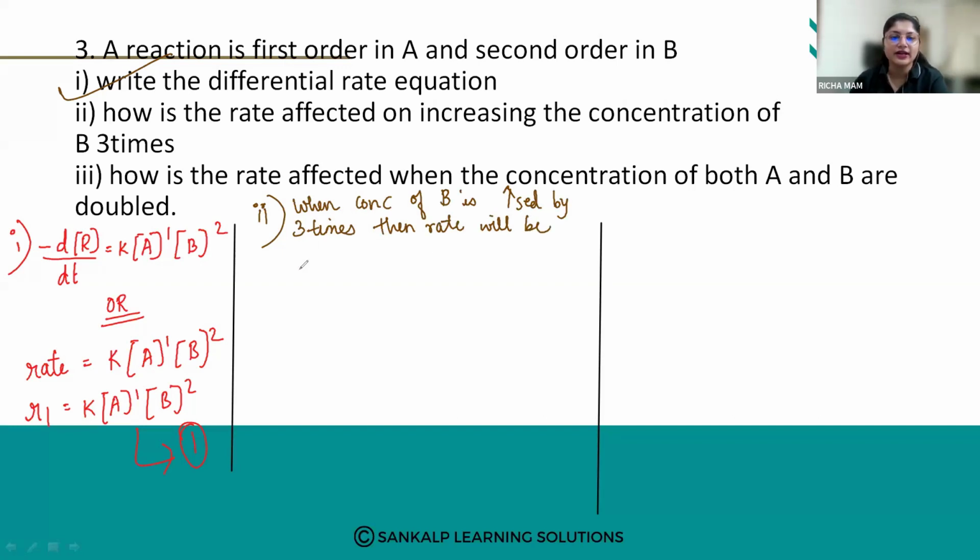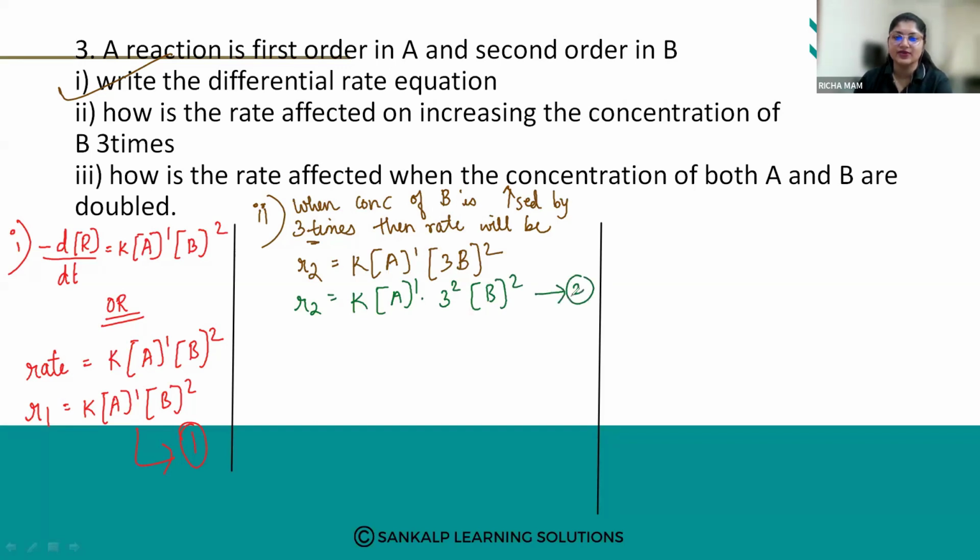Let us write R2 is equal to K into A raised to 1 into 3B whole square. So this is the concentration of B. Now let us multiply this: K into A raised to 1, 3 square and B square. So this is the second equation.